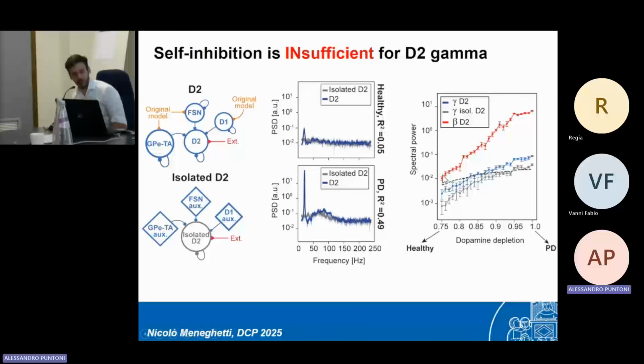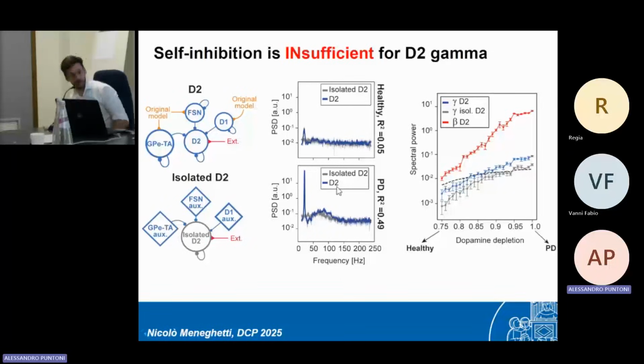Take a look at what happens, first of all, to the beta oscillation going from healthy to Parkinson's disease, and you can see that, as a sanity check, it increases. In the original scenario, we have a healthy scenario in which we do not have striatal gamma oscillation, but then halfway from healthy to Parkinsonian condition, we have the emergence of gamma oscillation.